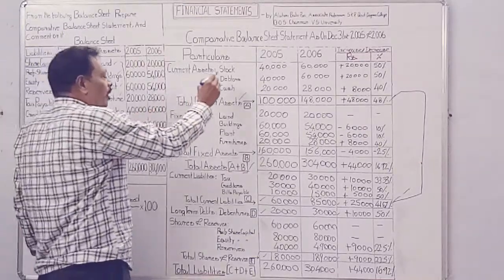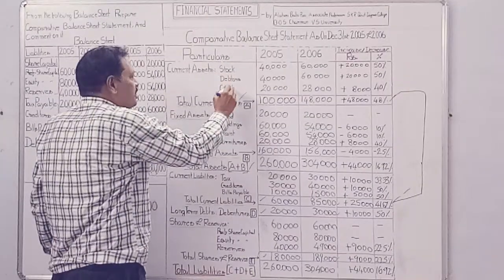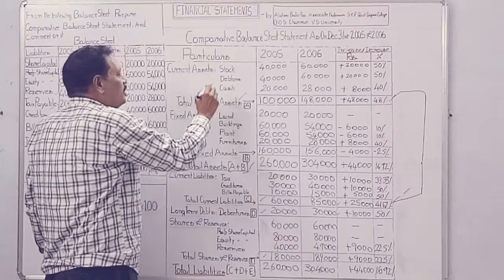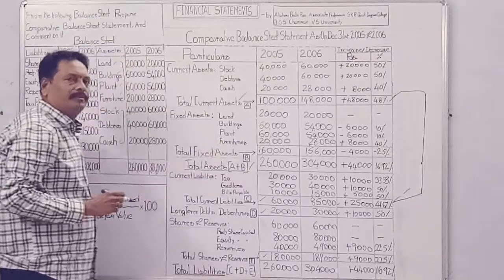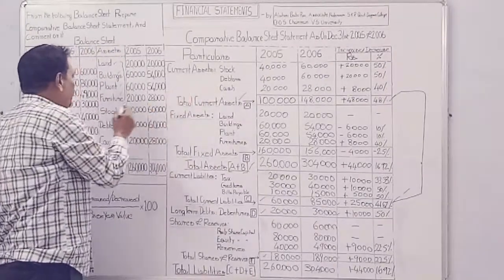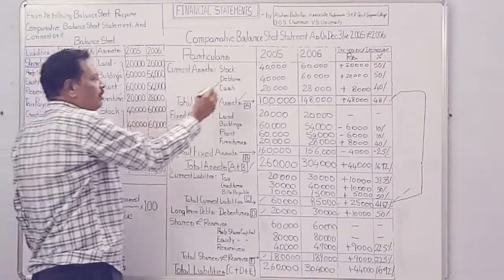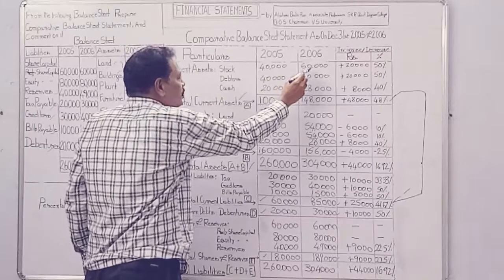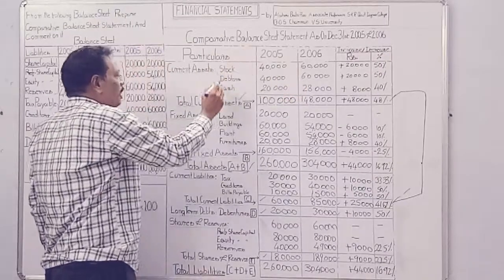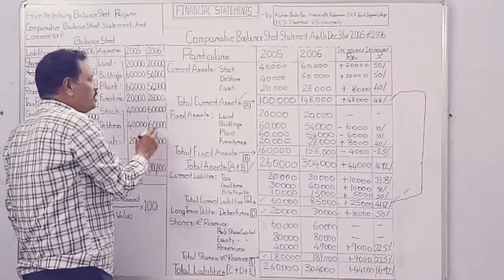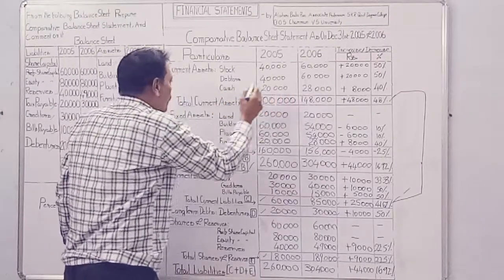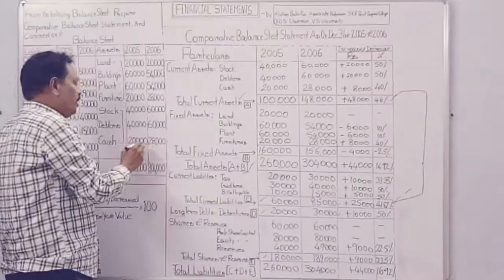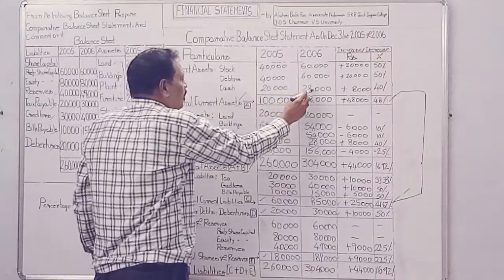After writing these current assets in the particulars column, simply mention the values in the given periods. Stock is 40,000 and 60,000. Debtors 40,000, 60,000. And cash 20,000, 28,000.